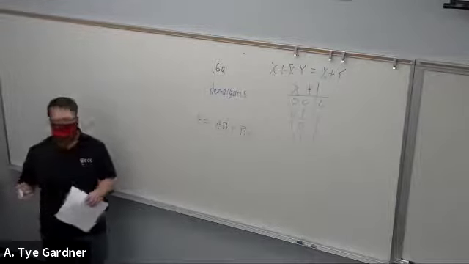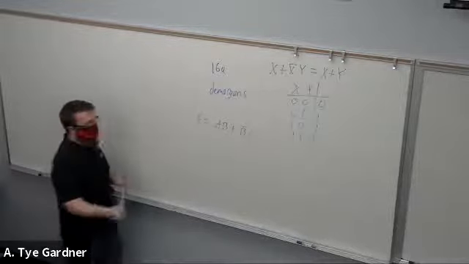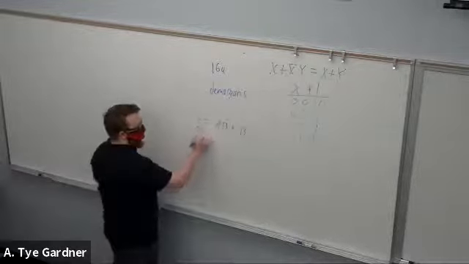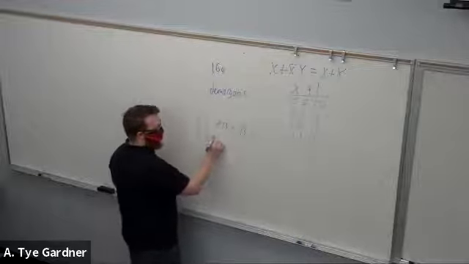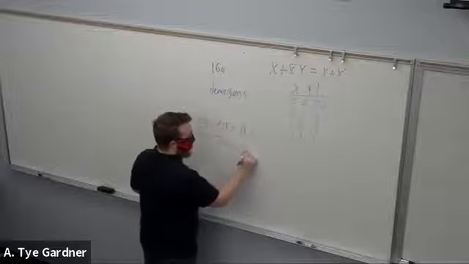Well, that's what De Morgan's does, it gives us the complement. So we would say that F bar is equal to not AB or B bar C.